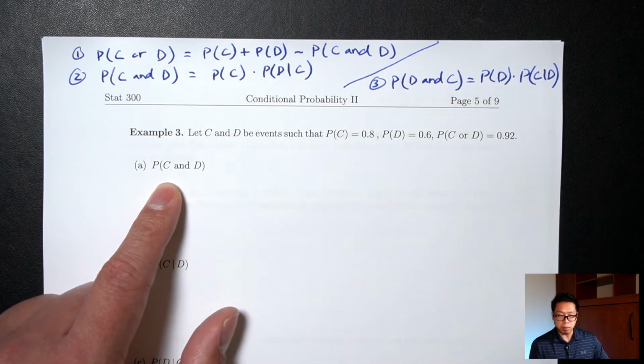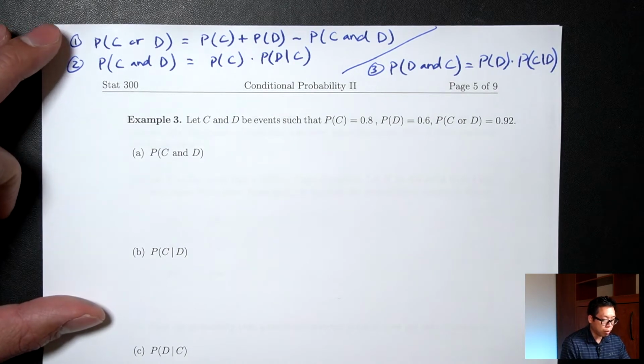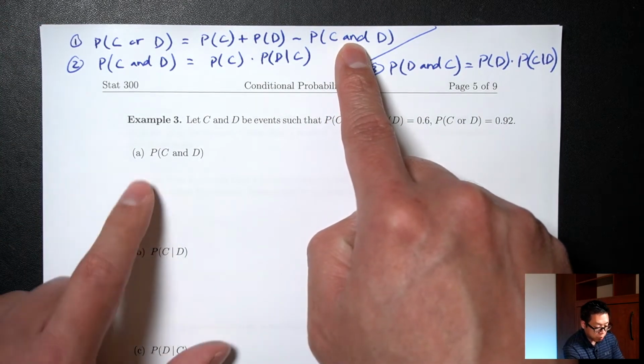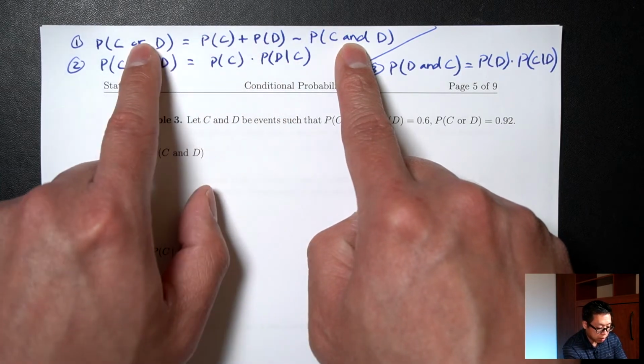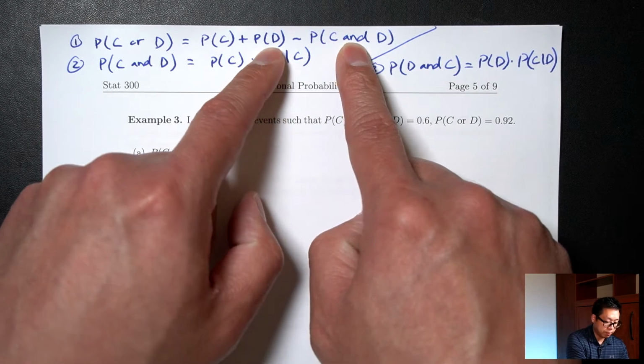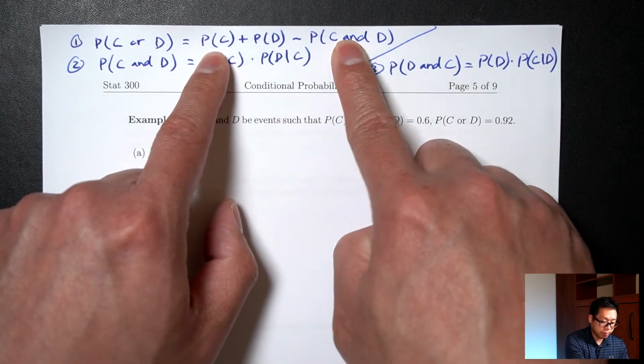Which equation do we use? And remember, to use an equation, you have to know everything else. Okay? So equation 1, the C and D is right here. In order to use that first equation, I need to know these other things. Do I know everything else? Do I know probability of D? Yes, 0.6. Do I know probability of C?